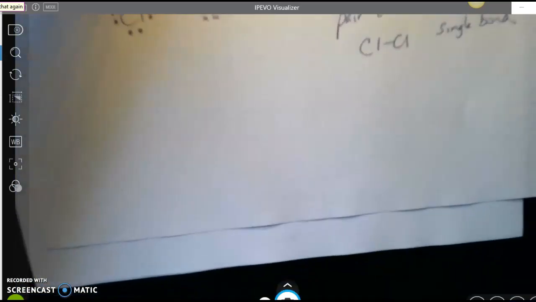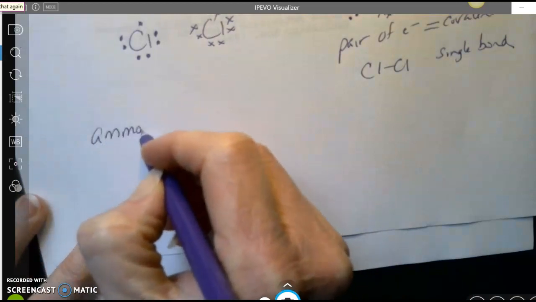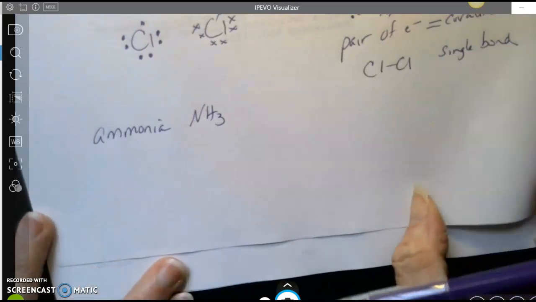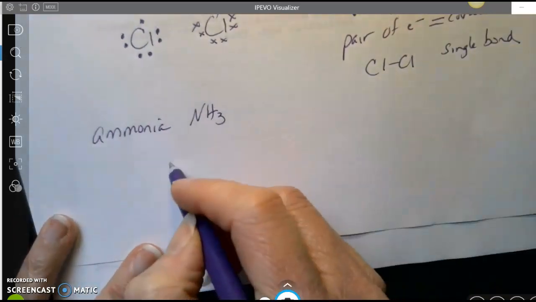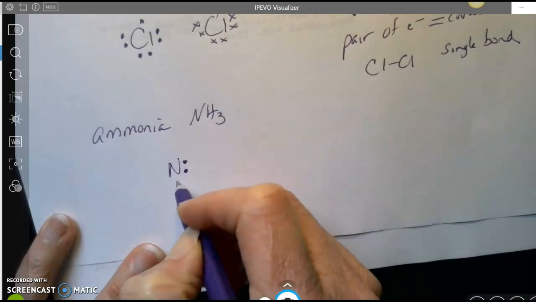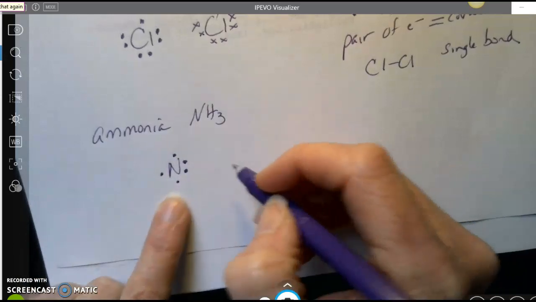Okay, and I move on to something you've probably heard of: ammonia as a cleaner. Ammonia is the common name of this chemical. So if I do the same thing, I'm going to do my nitrogen. So starting here on the side, I have a pair and 3 singles.